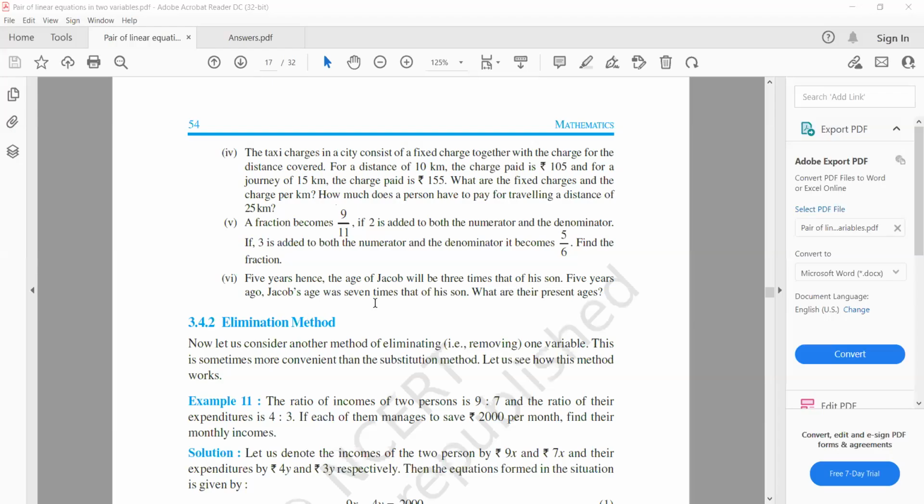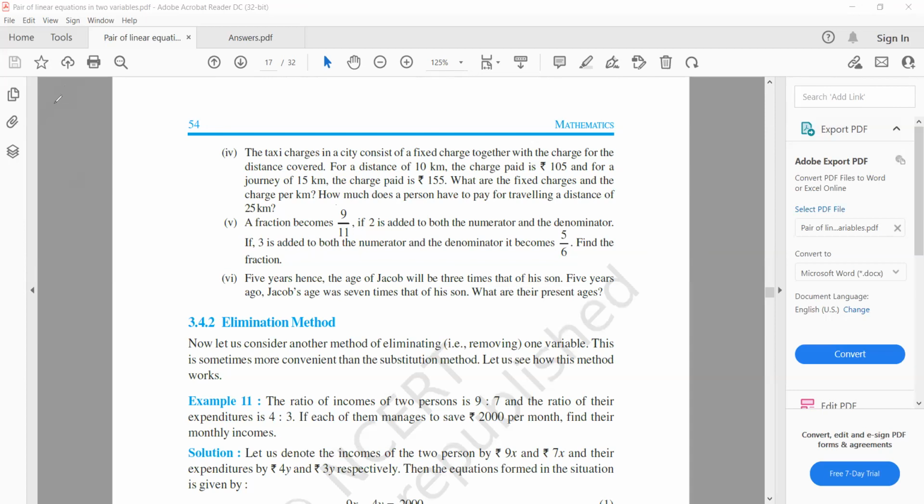Yeah, here. So 5 years hence means after 5 years he's talking, right? The age of Jacob will be 3 times that of his son. So in such kind of questions, first of all, you assume their present ages, and then formulate whatever equation is given.